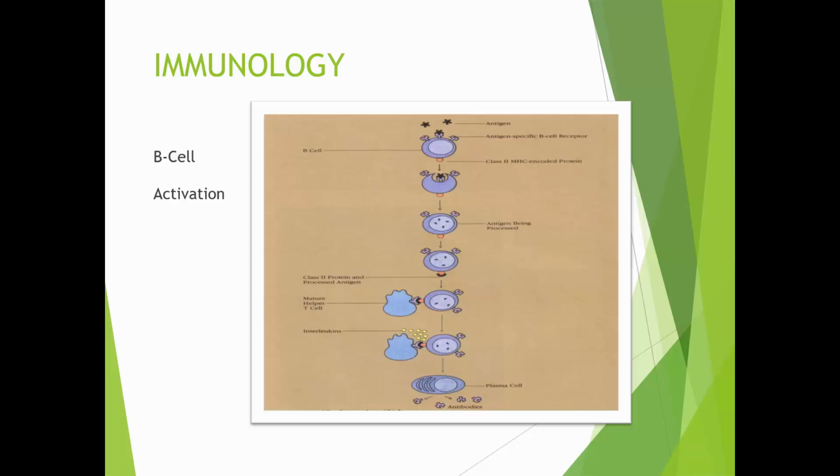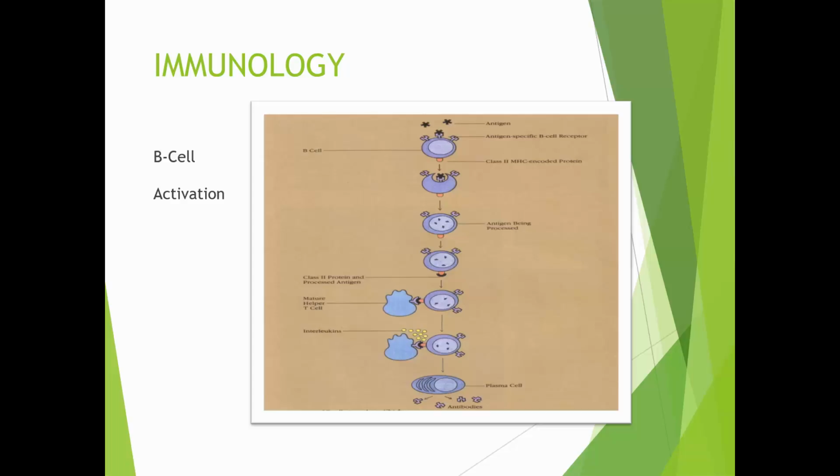Those helper cells from the last segment, the helper T cells, bind with the complex. Interleukins are released that activate the B cell. The B cell is transformed into a plasma cell. An antibody is formed. It leaves the lymph node and travels to the site, leaves the blood, and attacks.